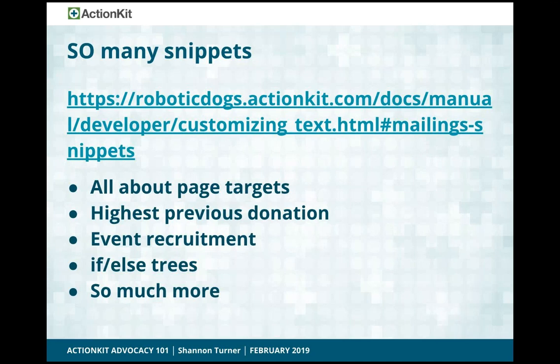You get the idea. There's also highest previous donation and a host of similar donation-based snippets that let you customize based on past giving. You can recruit members to an event. You can do if and else trees. You can check on a user's custom action fields. There's so much more that you could do, and we could spend a full hour on snippets.